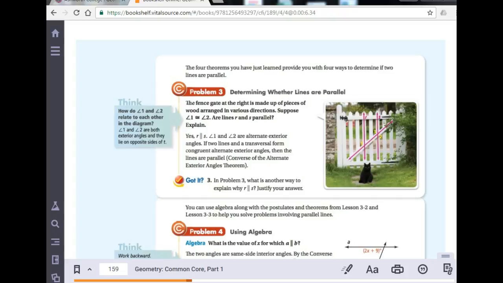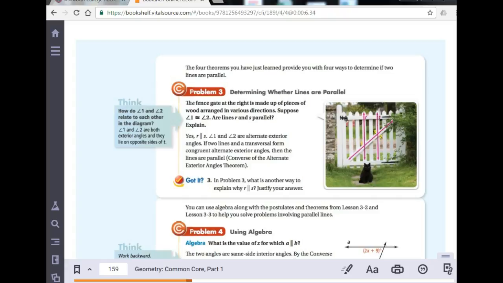Okay. Now, in the Got It section here, it says in problem 3, what is another way to explain why R is parallel to S, and then justify your answer? Well, as you can see here, angle 2 and angle 3 are across from each other. We call those vertical angles. And you learned earlier in the chapters that vertical angles are always equal to each other.